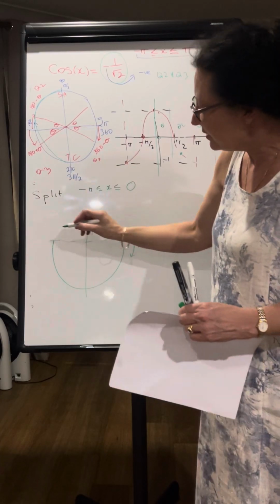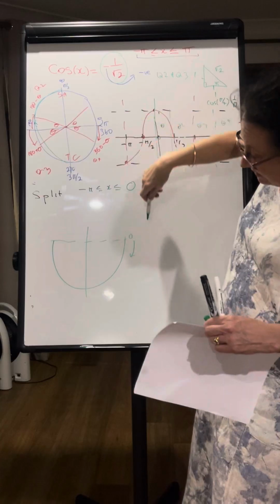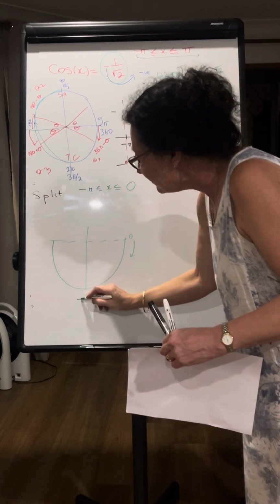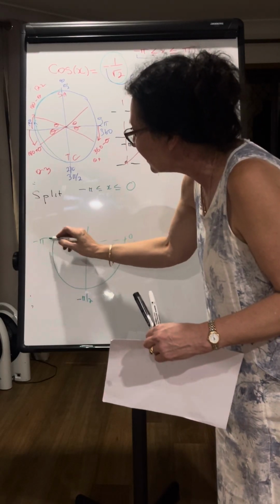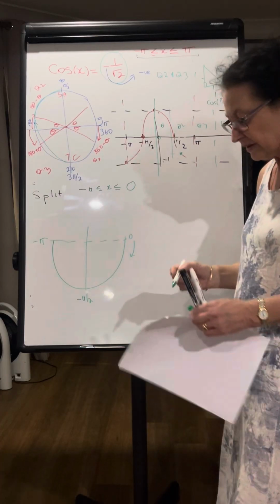Anti-clockwise was 0 round to 360. The negative is we go this way, the opposite way. So this here, now very important, is minus pi over 2 and minus pi. If you're going around, minus 3 pi over 2, minus 2 pi.